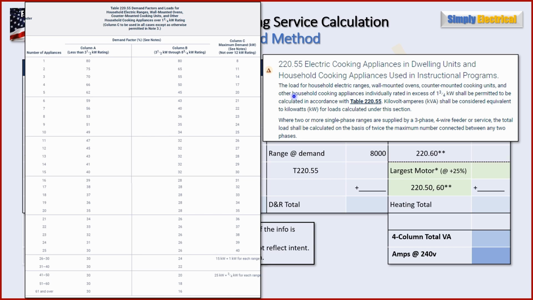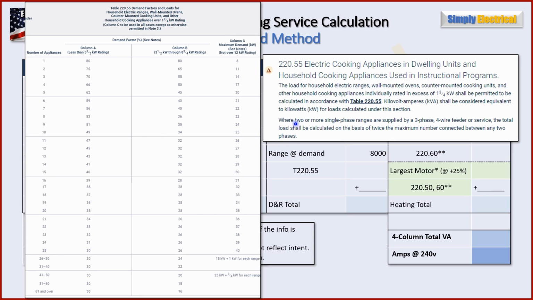Okay, so this says the load for household electric ranges, wall-mounted ovens, counter-mounted cooking units, and other household cooking appliances individually rated in excess of 1 3/4 kW shall be permitted to be calculated in accordance with Table 220.55. Now also we see here that, again, just like with dryers, kVA and kW will be treated as equivalent.